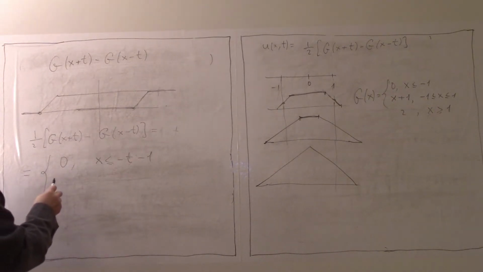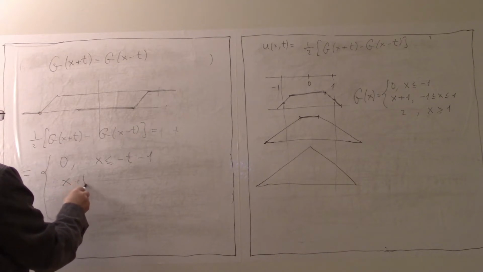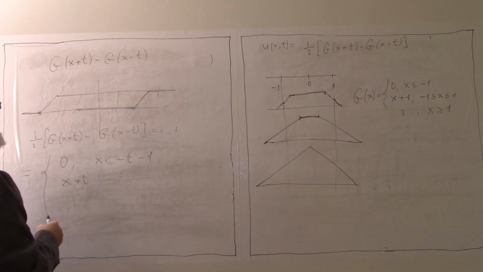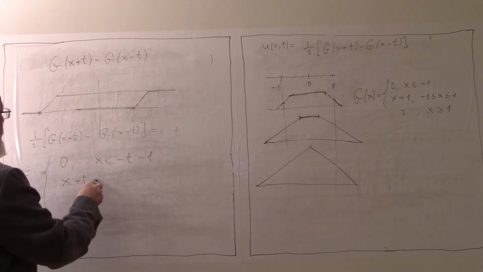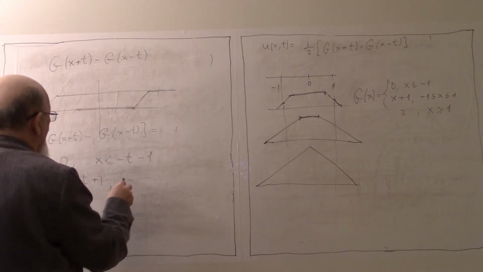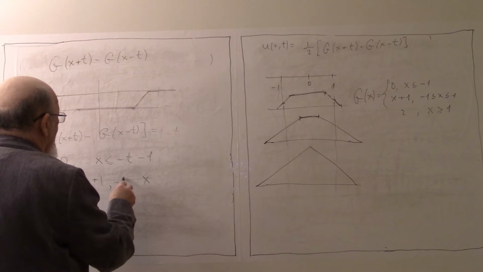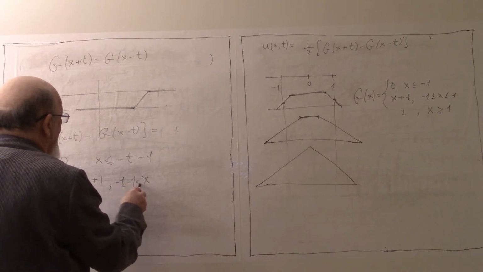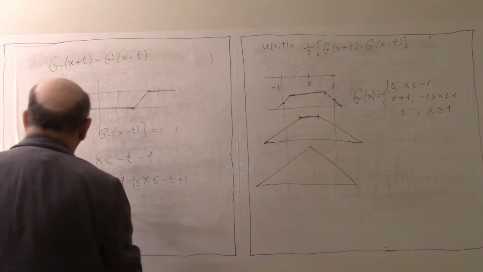Then it is x plus t plus 1 when x is between minus t minus 1 and minus t plus 1.